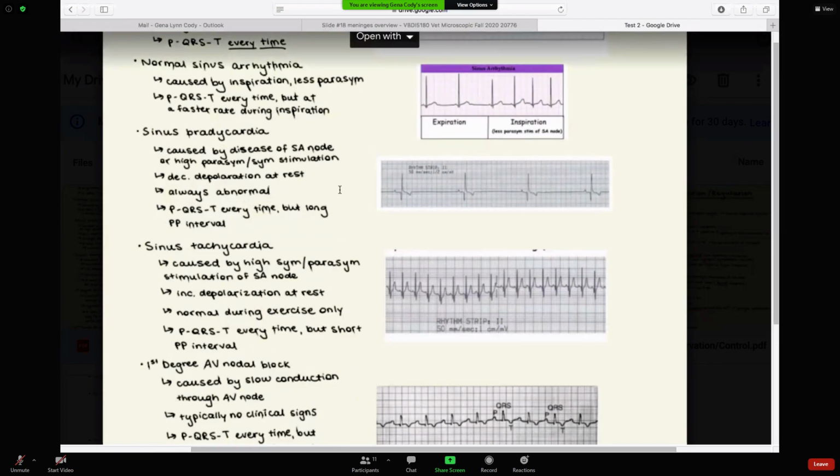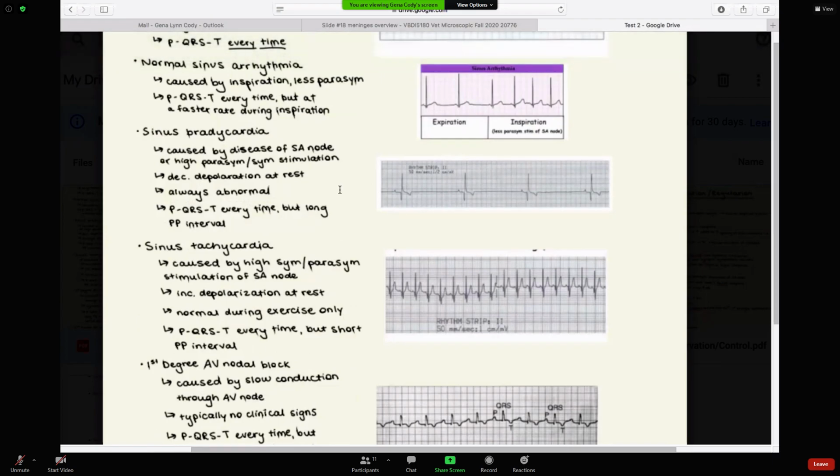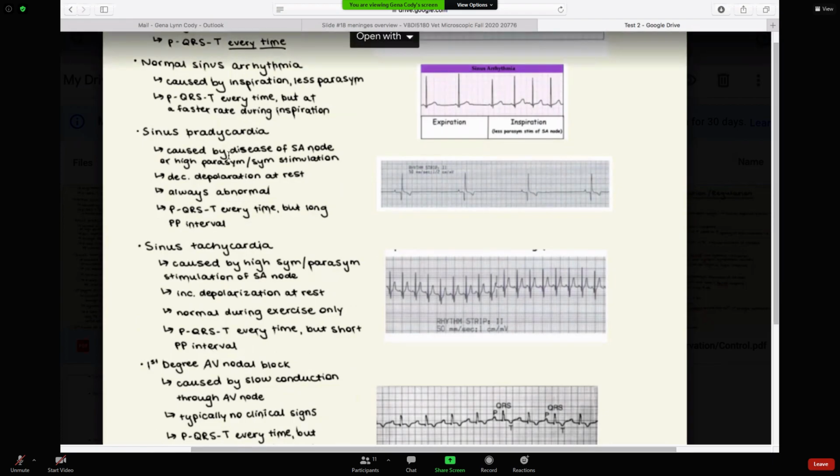Bradycardia is normally some disease of the SA node, or I have a high parasympathetic to sympathetic stimulation ratio. So more is slowing it down than what is speeding it up. Because a lot of times the parasympathetic and sympathetic innervation are working together simultaneously. It's just a ratio of the two that sets my heart rate.